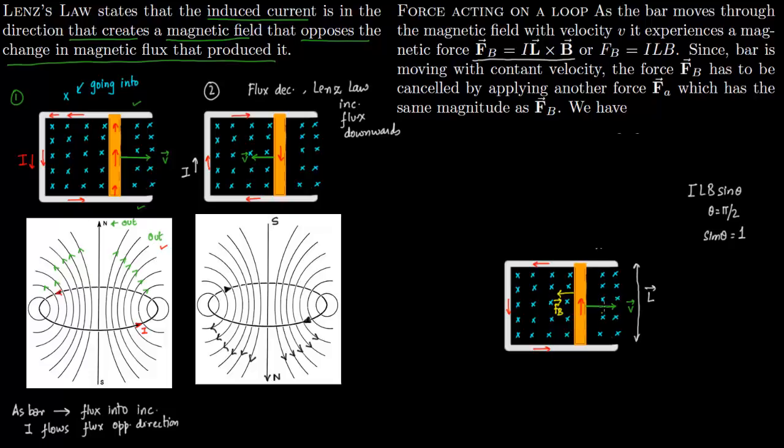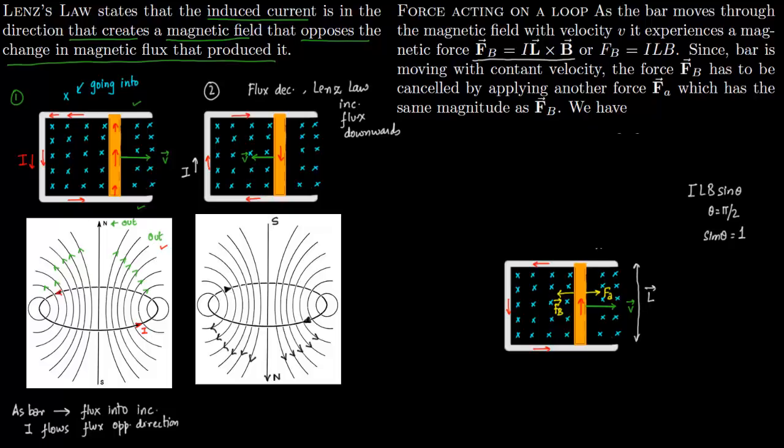So it is trying to reduce this velocity. But if this bar is moving with a constant velocity, then you have to apply some force in this direction to keep it moving. This is the applied force, F subscript A. If these two forces are equal, only then will the bar continue moving.